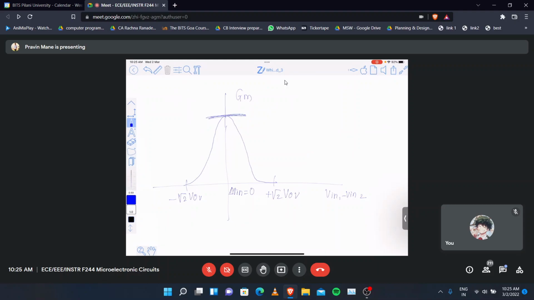Capital GM. So I'm just writing the equation for ID. I will write the delta ID equation directly, and then I will differentiate it. You will understand what I'm saying.